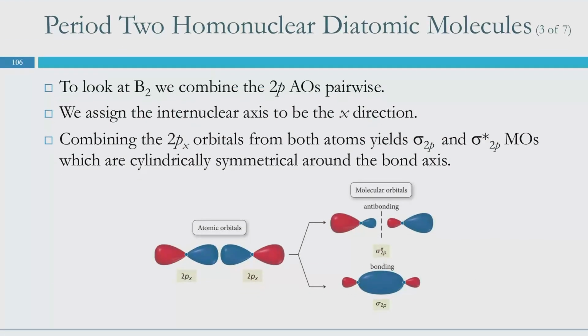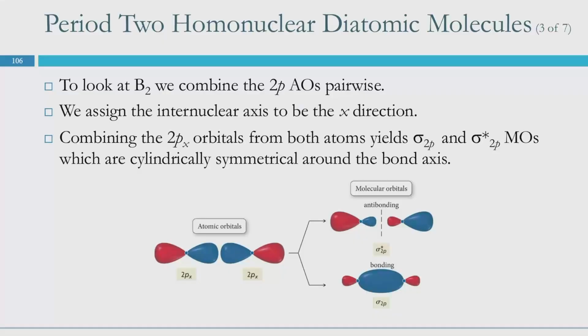When we move up to add in our 2p atomic orbitals, we're also going to combine these together. So we're imagining we've got our 2 atoms sitting next to each other. We are going to call the internuclear axis, the one that skewers the 2 centers, our x-axis.